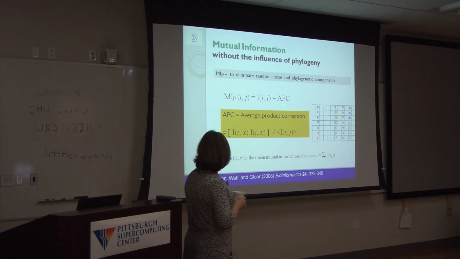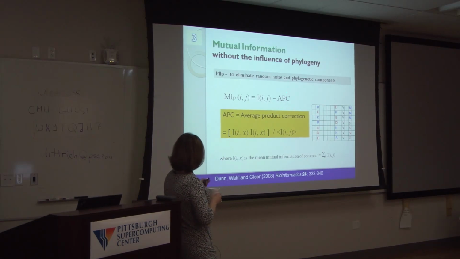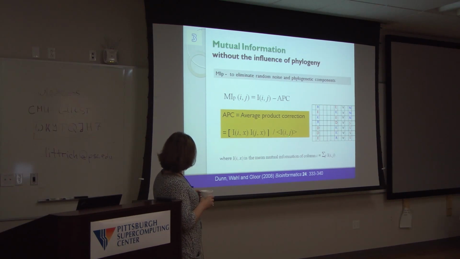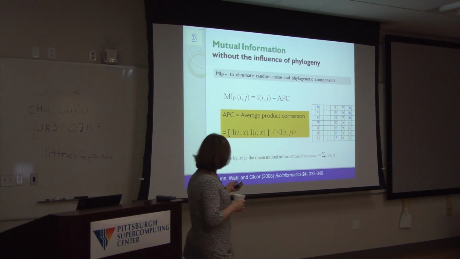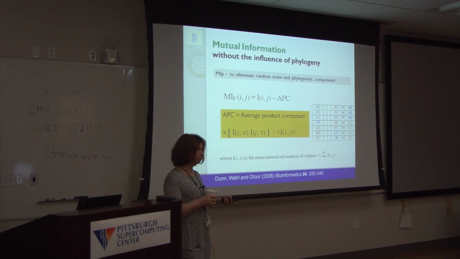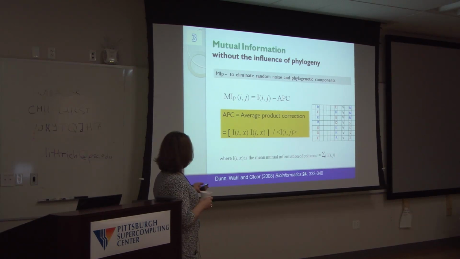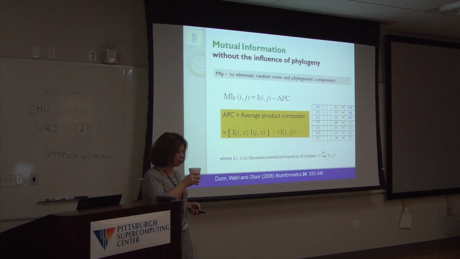What this says is that the average product correction is like an average over all elements. We calculated the mutual information, and you evaluate the average over all elements, over each column and each row. So this is a normalization term, if you like, a subtraction to eliminate some artifacts. That proved to be more accurate than MI, the original mutual information.